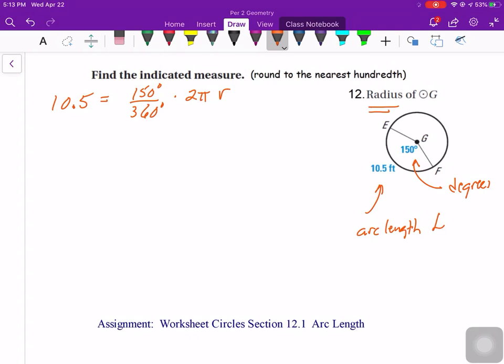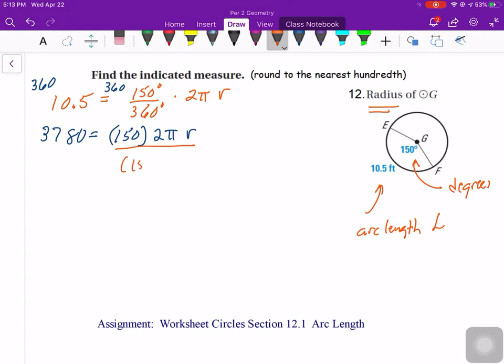And again, I encourage you to get rid of the fractions. So I'm going to recommend that we multiply by 360 here on both sides. 360 times 10.5 gives us 3780 equals. And on the other side, we have 150 times 2 pi times r. Again, to finish solving it, looks like we have to do some division.